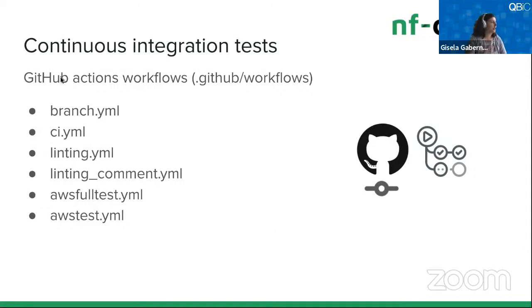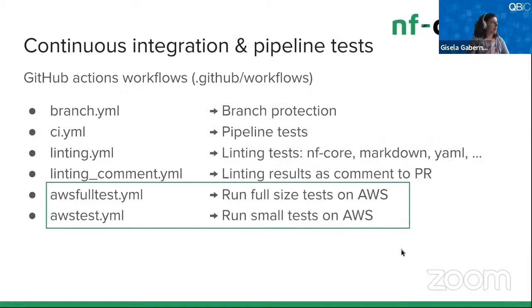You can see them listed here. Just mentioning them very briefly, one of them is the branch GitHub action, which takes care of the branch protection of the master branch in the NF Core pipeline repository. It makes sure that pull requests coming from outside repositories are only made to the dev branch of the NF Core repository and not to the master branch.